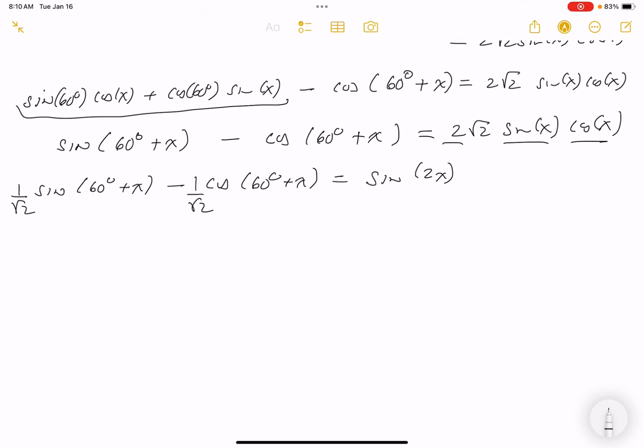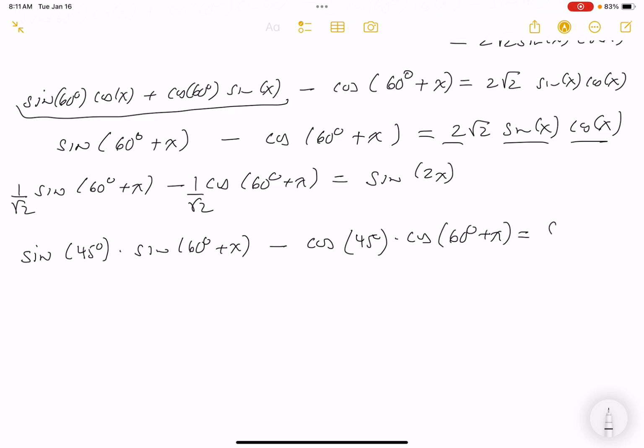All right, I'm going to look at this now and wonder what to write down. And I'm going to write this over here. I'm going to write down the sine of 45 degrees, that's 1 over root 2, by the way, times the sine of 60 degrees plus x minus, I'm going to write down the cosine of 45 degrees times the cosine of 60 degrees plus x equals the sine of 2x.